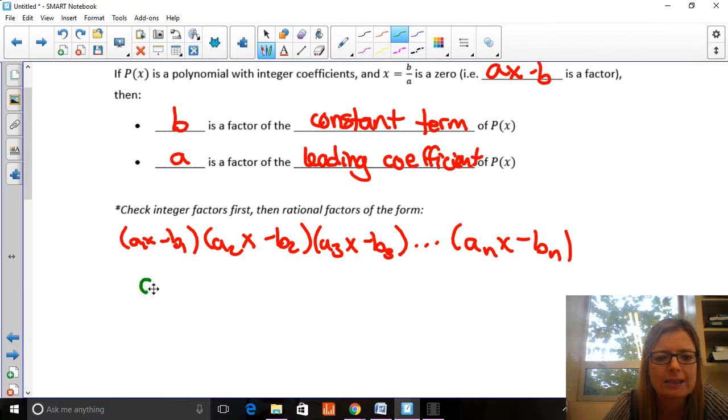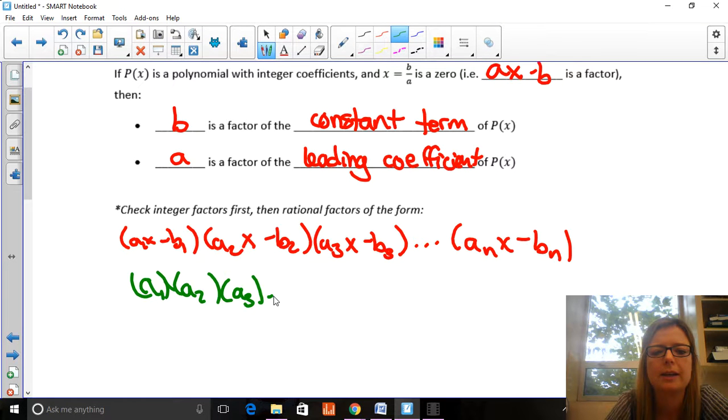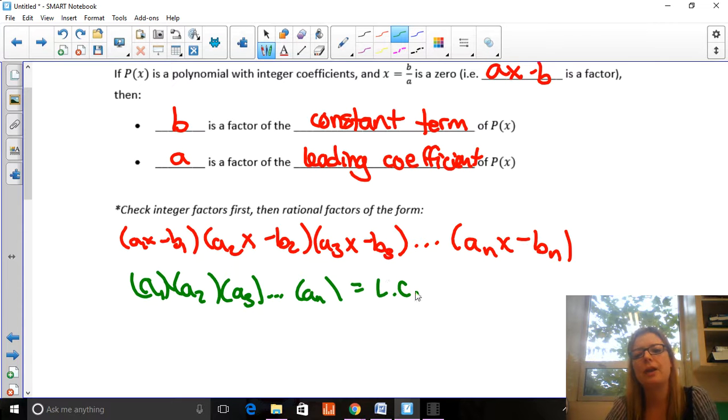The a's, a1 times a2 times a3 times an, have to give you the leading coefficient, because you multiply these all through first. That's why they have to be factors of the leading coefficient, and I already showed you on the previous page why the b's have to be factors of the constant.